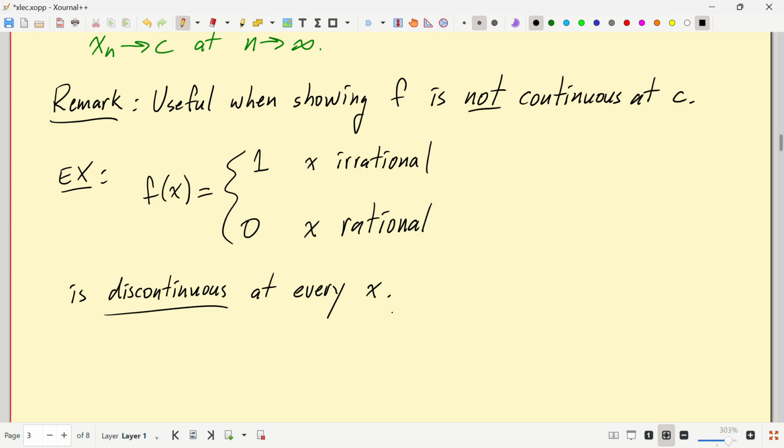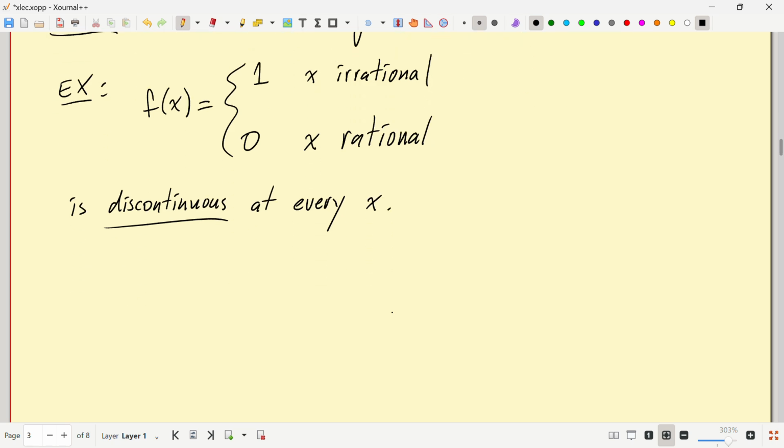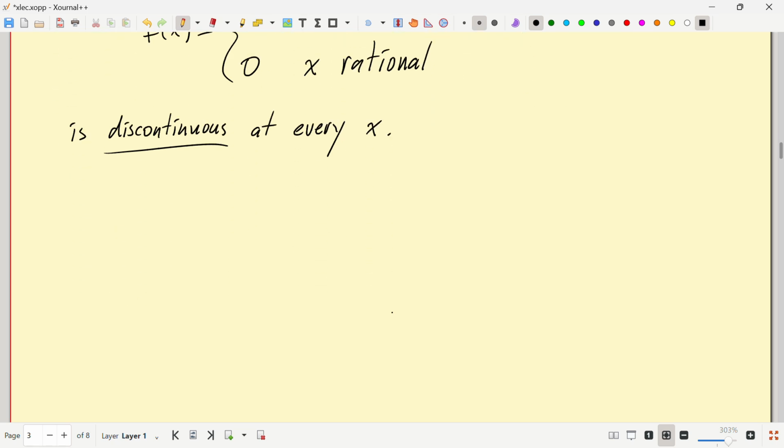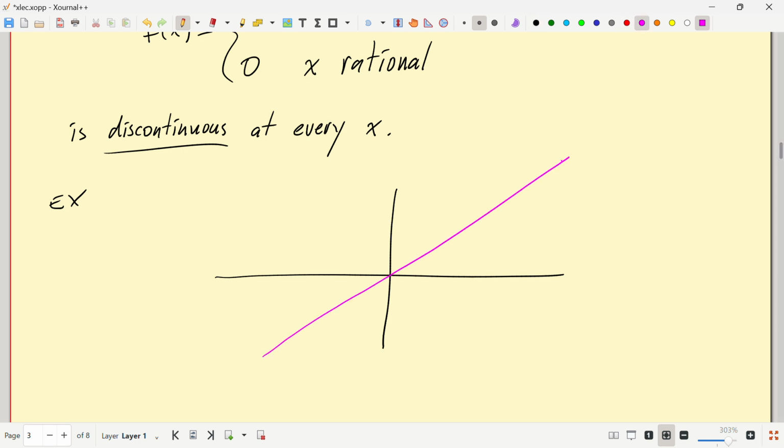Oh yeah, my favorite functions I mentioned already before. Here's another example. I'll have purple and orange. So here's y equals minus x. Here's y equals plus x.